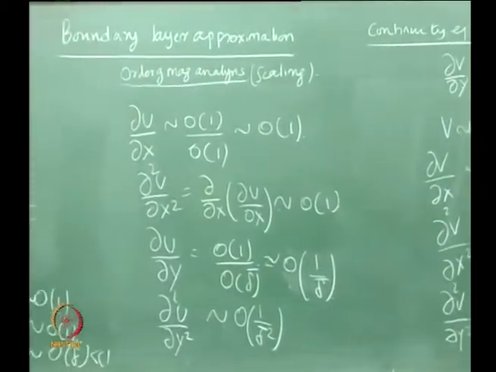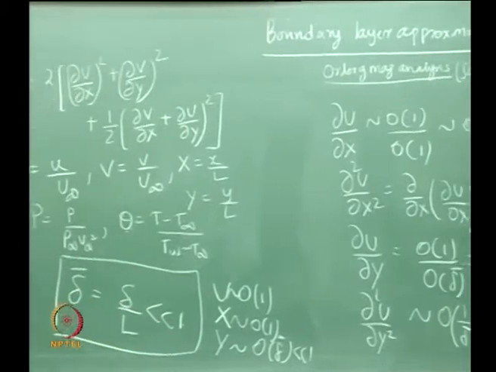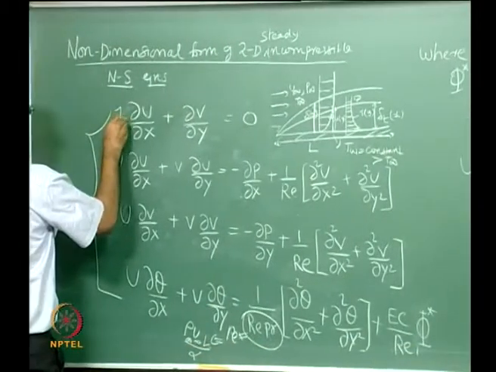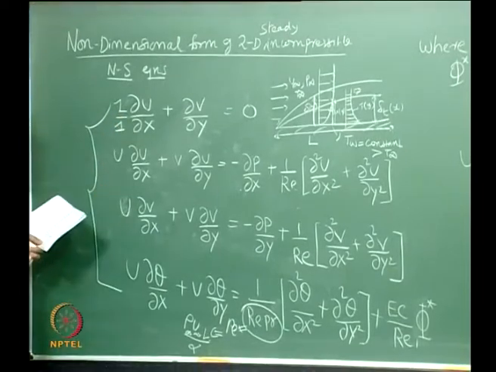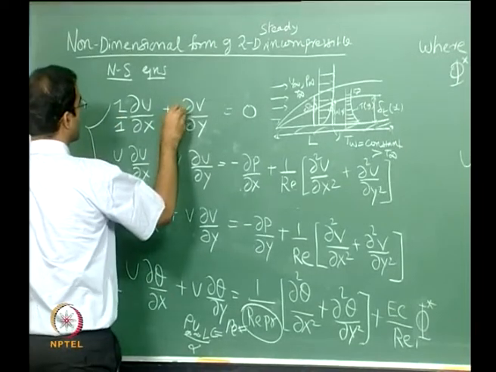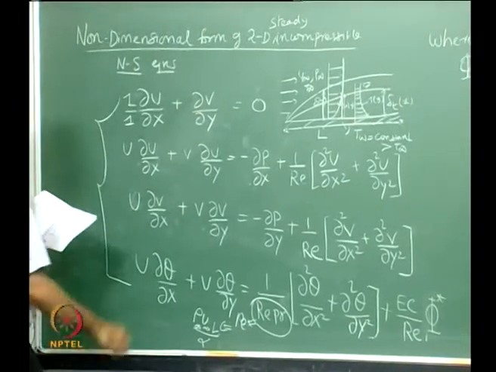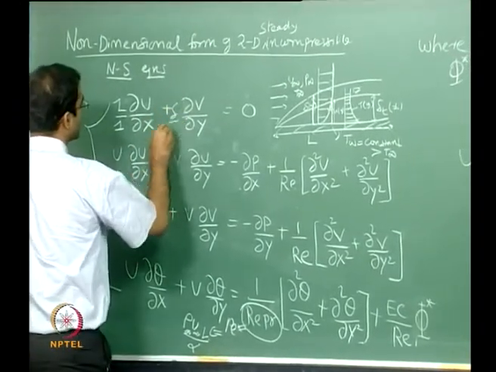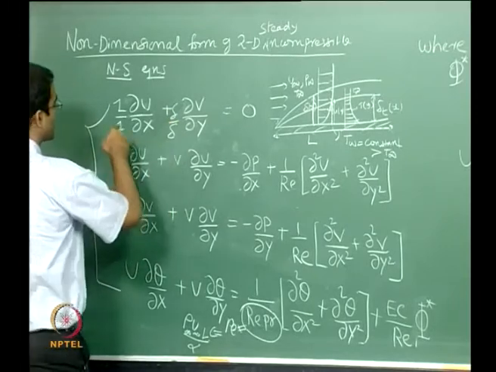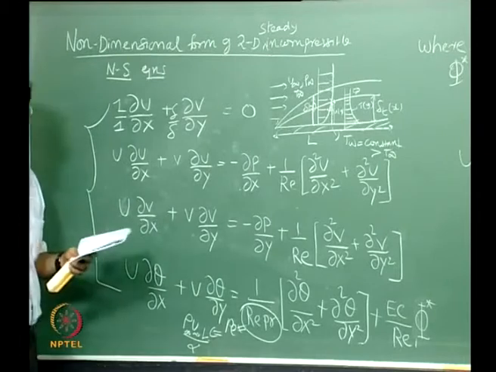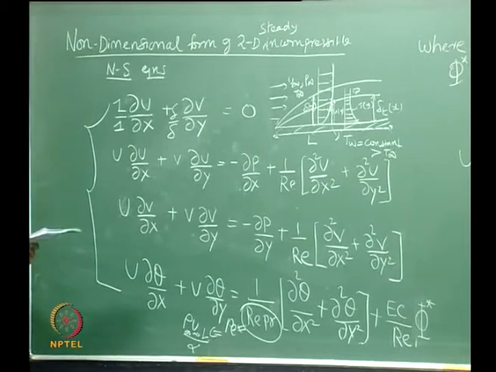Let us start with the continuity equation here. So this will be of the order of magnitude 1 by 1, right? What is the order of magnitude of v? Delta by delta. So both are of order of magnitude 1. Because we have only two terms and the two terms should balance each other, they are both of the same order of magnitude.